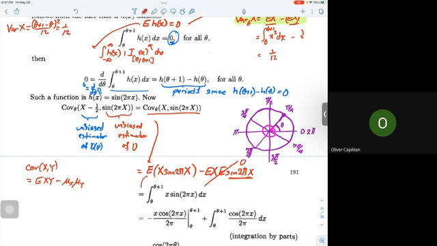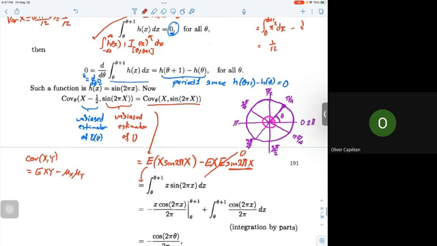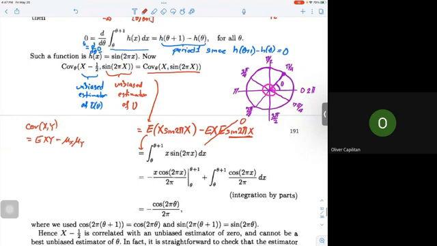So ito ngayon, by applying the expectation, we have the integral of x sine of 2 pi x dx evaluated from theta to theta plus 1. We apply integration by parts here. The integral of u dv is equal to uv minus the integral of v du. So in this case, ito yung u, ito yung dv, ito yung v.